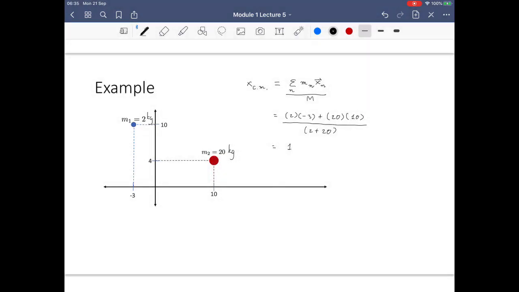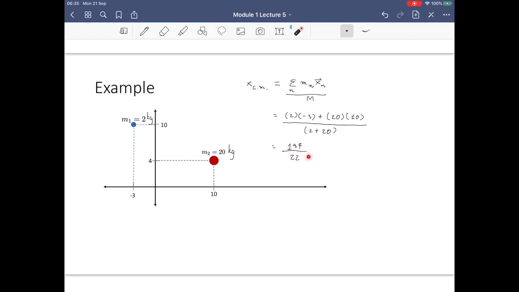So what you have is 194 over 22 meters. I leave the unit to be arbitrary.